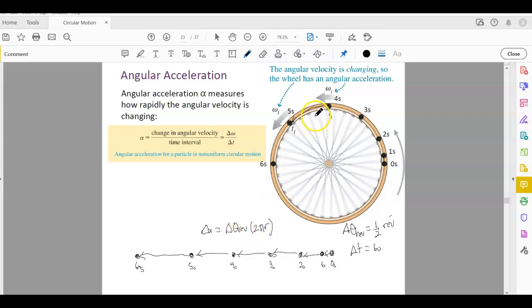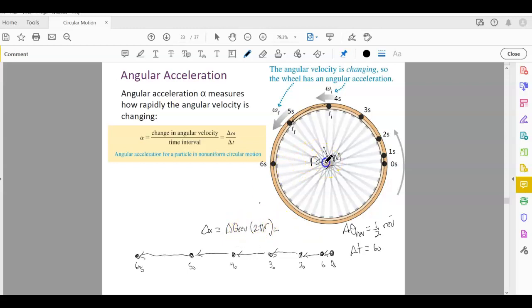Okay? And let's say this wheel is, I don't know, a third of a meter, actually a half meter. Let's say the radius of this is a half meter. So r equals 1/2 meter. Well, then that means this distance would be a half revolution.